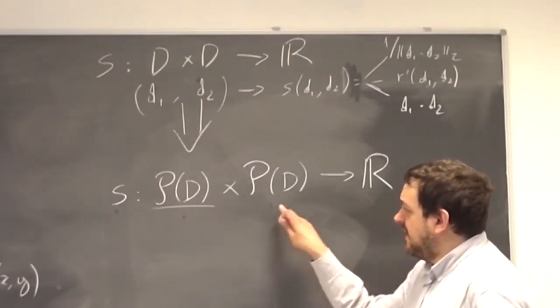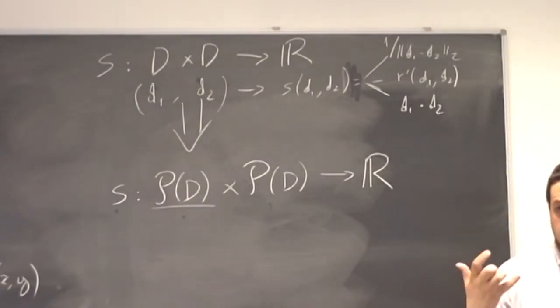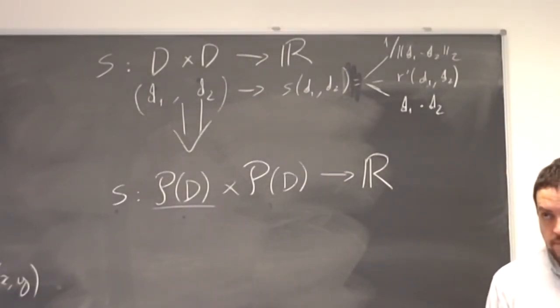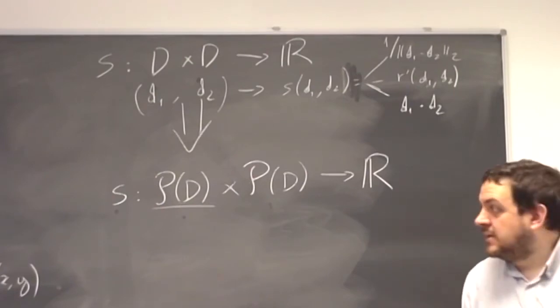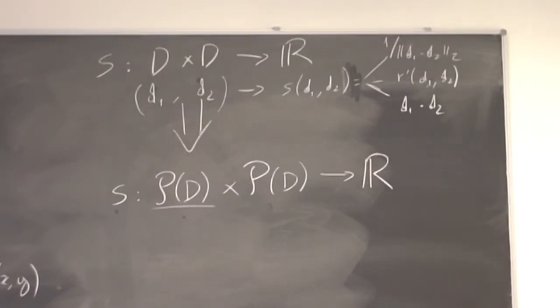But if I have two collections of elements, how do I define their similarity? And here there are many possible definitions.